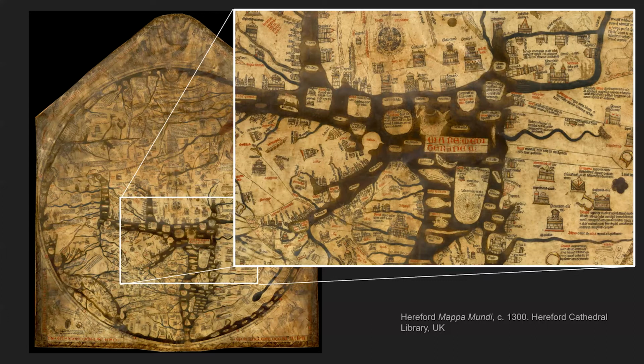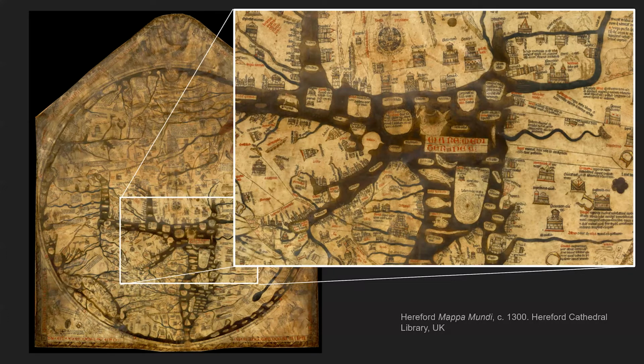And so what this is, there's still this round circular ocean that's the border of the world, but the center of the world is the place where the life story of Jesus happened. For Christians, that is the holy city of Jerusalem.